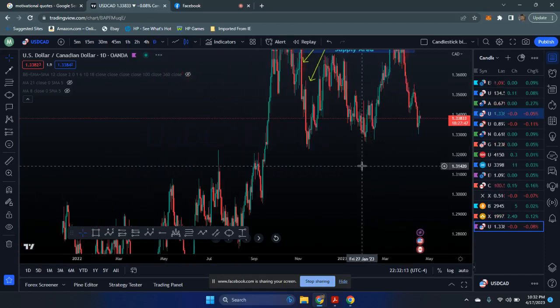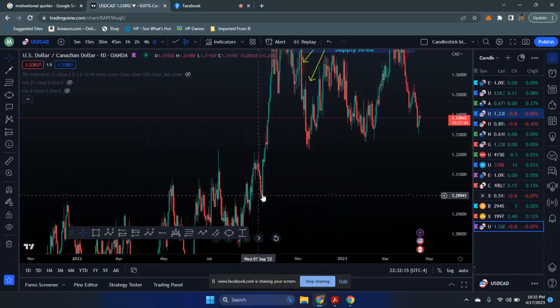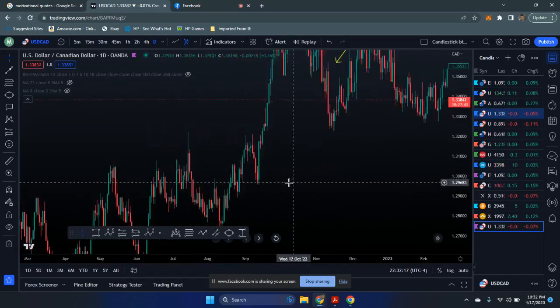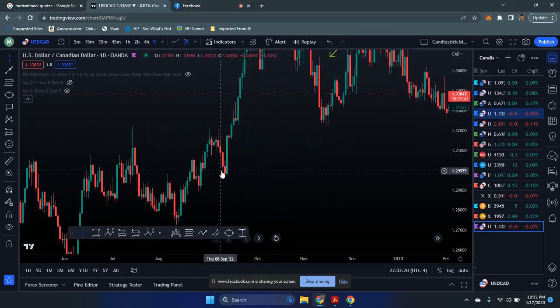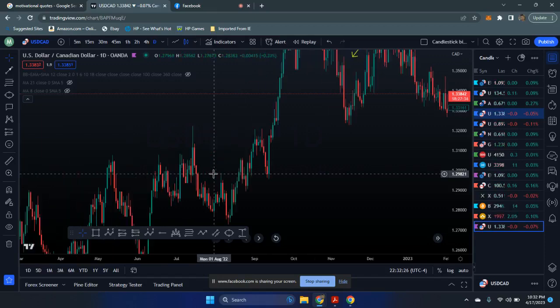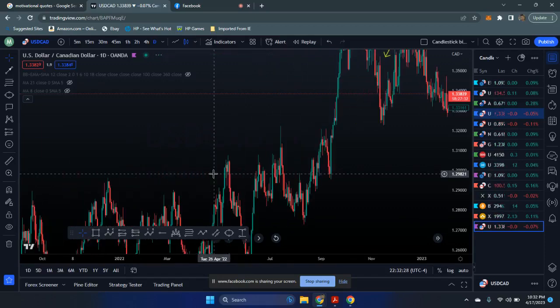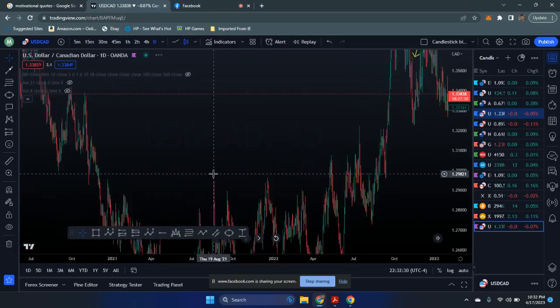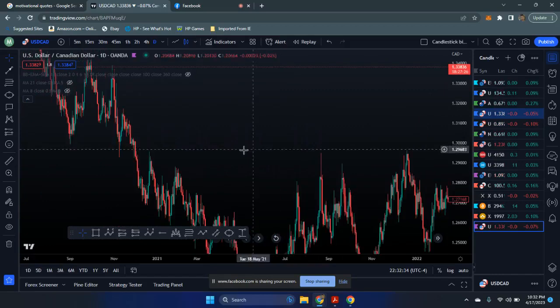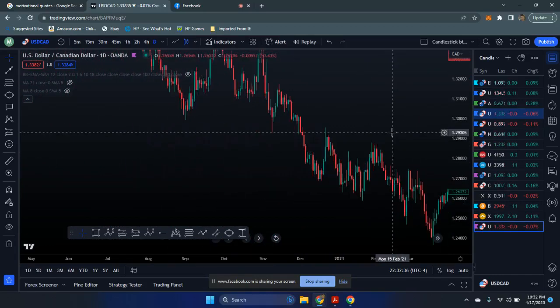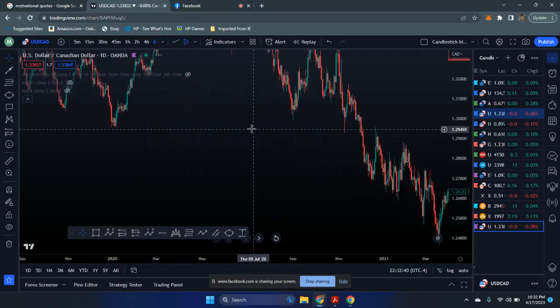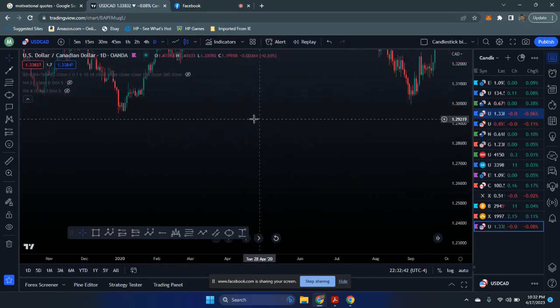So this may be a possible demand area. That's a bullish one.